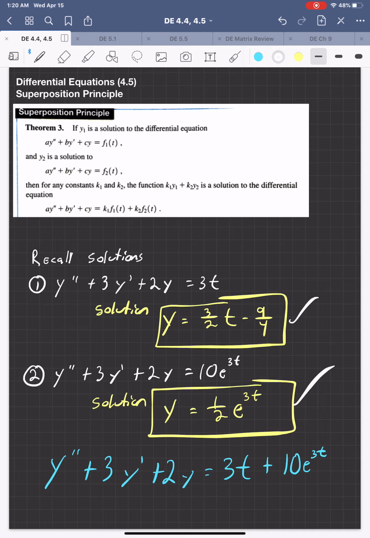We're just going to do a linear combination of the two previous solutions. It looks something like this. Let's say c sub 1 multiplied by 3/2 t minus 9/4 plus c sub 2 multiplied by 1/2 e to the 3t.